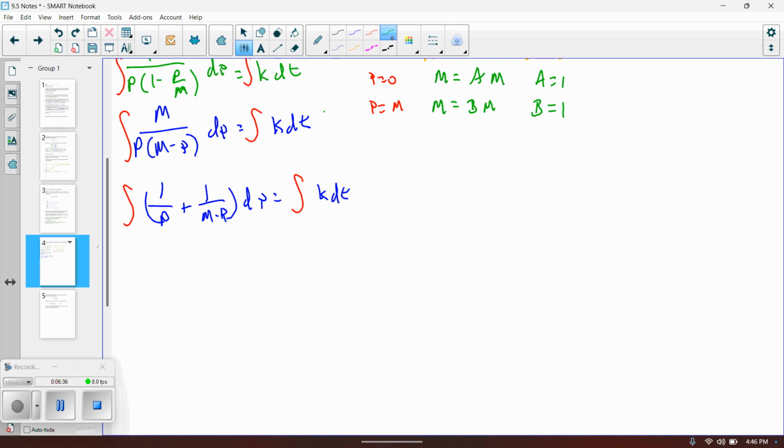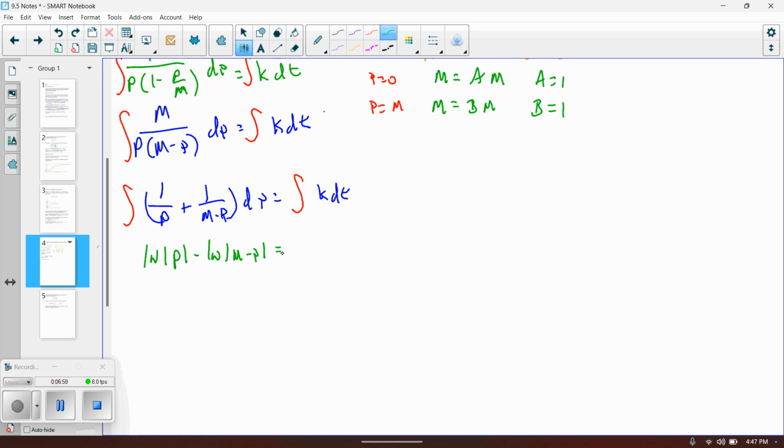So now on the left-hand side, we will have the natural log of the absolute value of p. Have to be careful because that's 1 over m minus p in the denominator, so that minus down there is going to end up giving us an extra negative out front. So it'll be negative natural log absolute value m minus p.